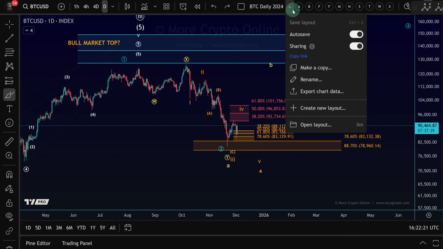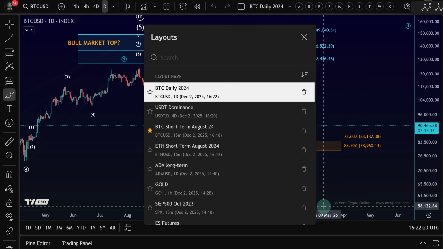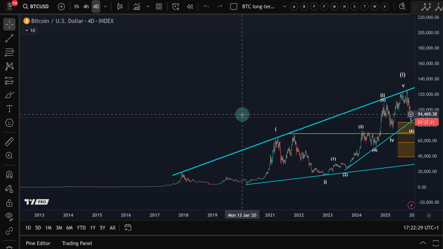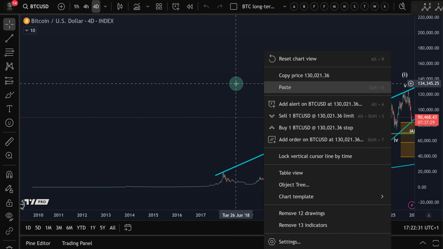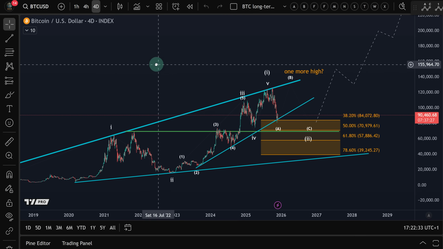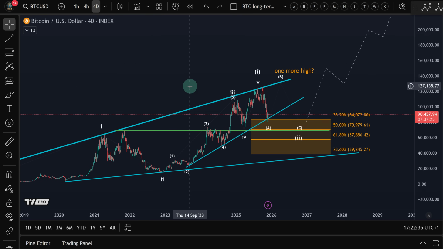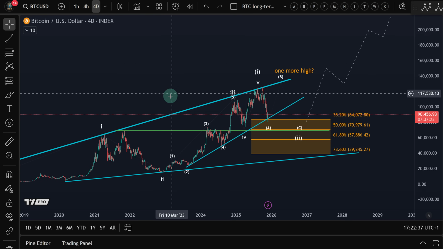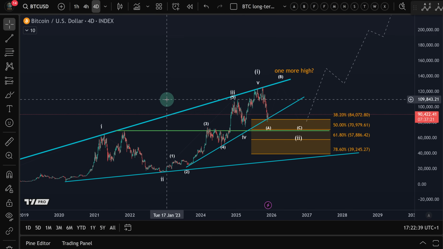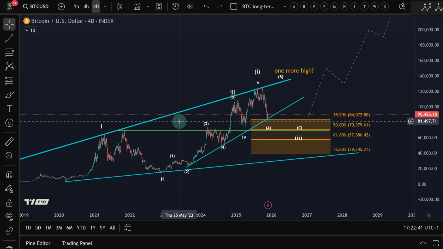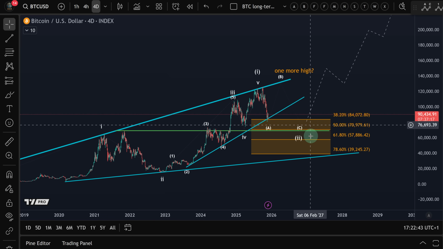Now, I wanna take a look at the Bitcoin linear chart, the long-term linear chart. Now, this gives you, let's say, a slightly different outlook. This is a scenario that allows for an interpretation of a bear market, technically a bear market that might have started.